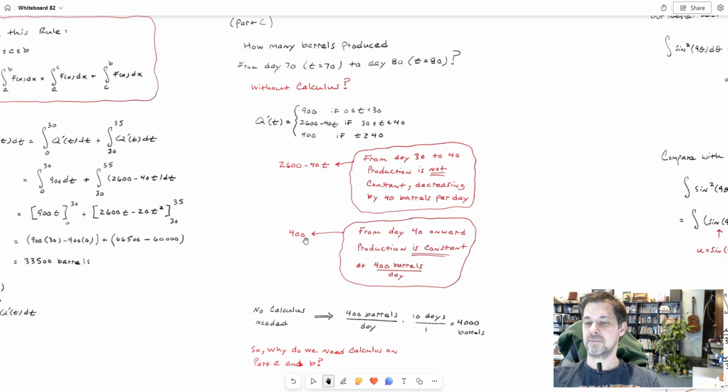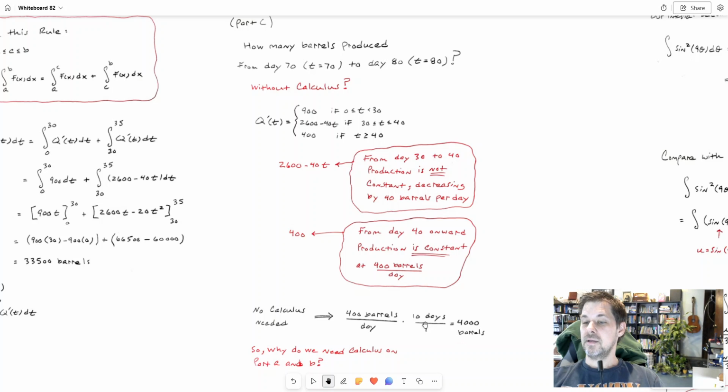Think of it like this. From day 70 to 80, I can make the inference that production is constant at 400 barrels per day, right? And if you're producing oil at 400 barrels per day for 10 days, from day 70 to 80, sure, 10-day period, constant production, 400 barrels a day, you just multiply those together and you'll get 4,000 barrels.